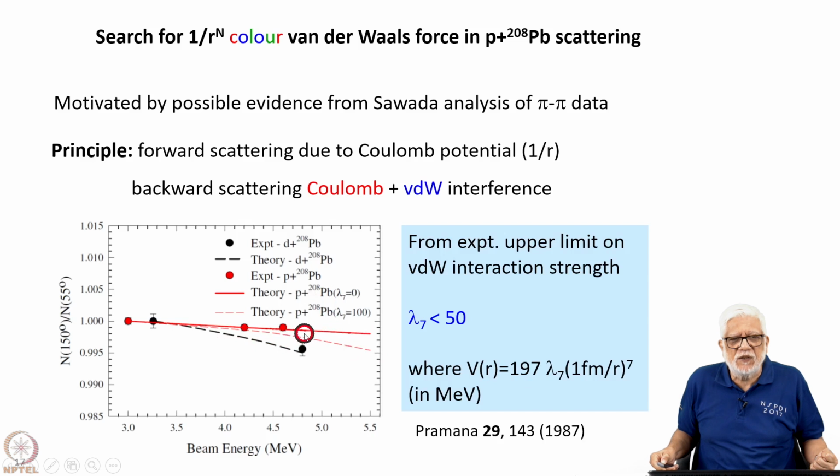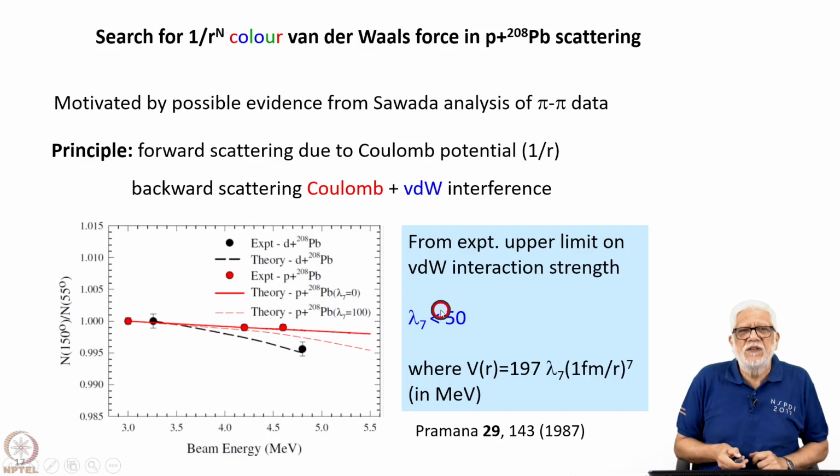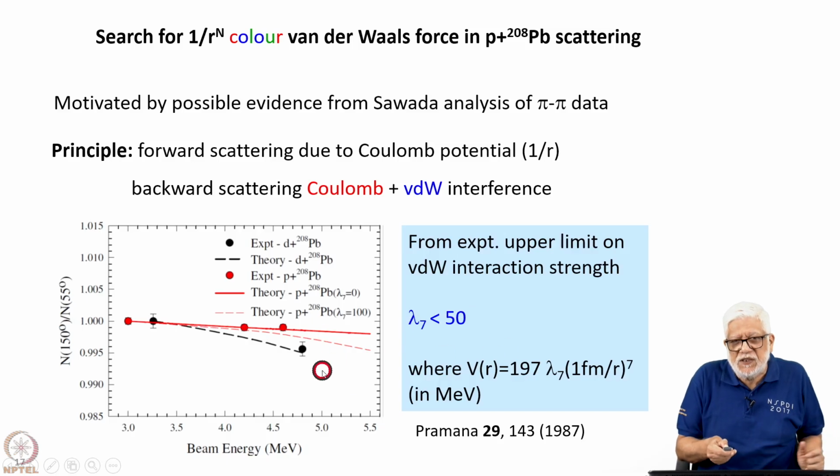So, using the data that we had, we could put a bound of lambda 7 less than 50. So, there does not exist a color van der Waals force which goes like 1 by r to the 7 with the constant. We can rule out this coupling lambda 7 being greater than 50. Okay. So, it could be less than 50, then we would not have seen that effect.